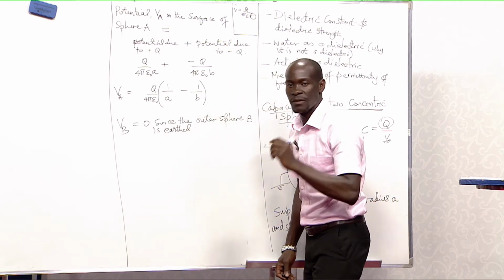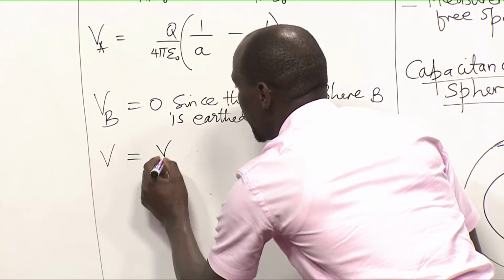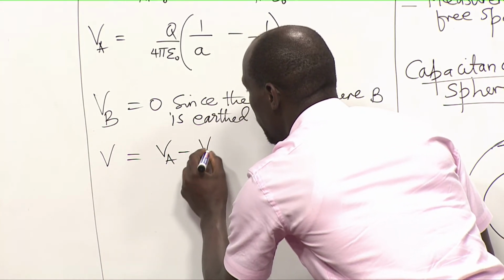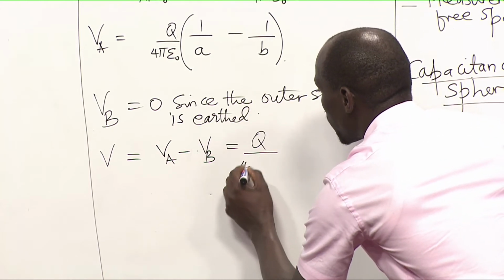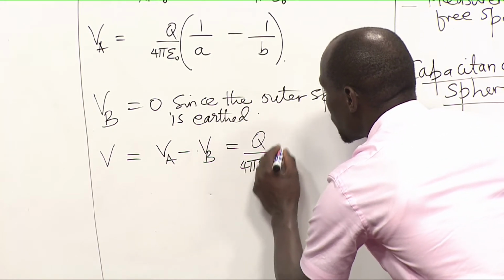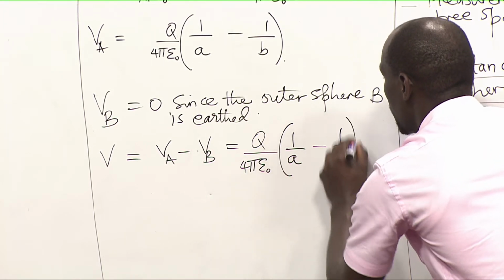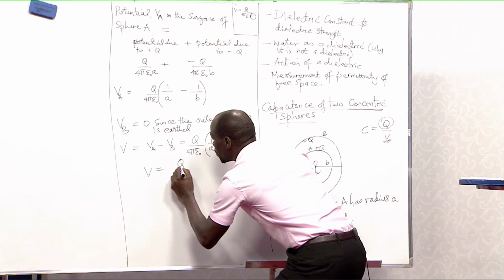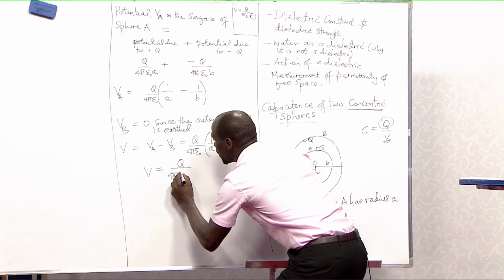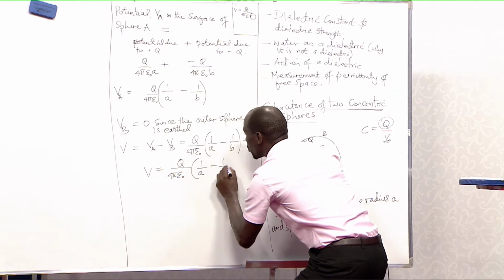The potential difference V will be equal to VA minus VB, which will therefore become Q over 4 pi epsilon naught into 1 over A minus 1 over B, minus 0. Therefore, it will simply become Q over 4 pi epsilon naught into 1 over A minus 1 over B.